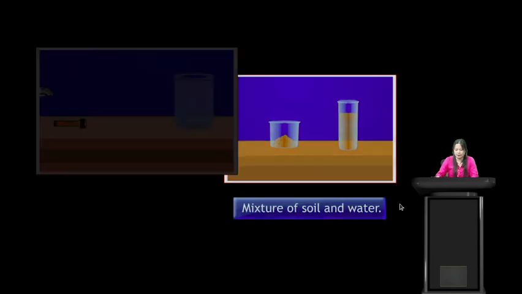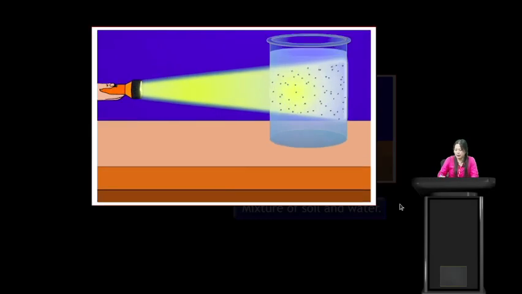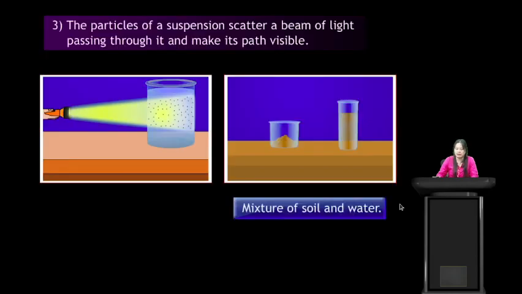Another property of a suspension is, when we pass a beam of light, the particles of a suspension scatter the beam of light passing through it and make its path visible.